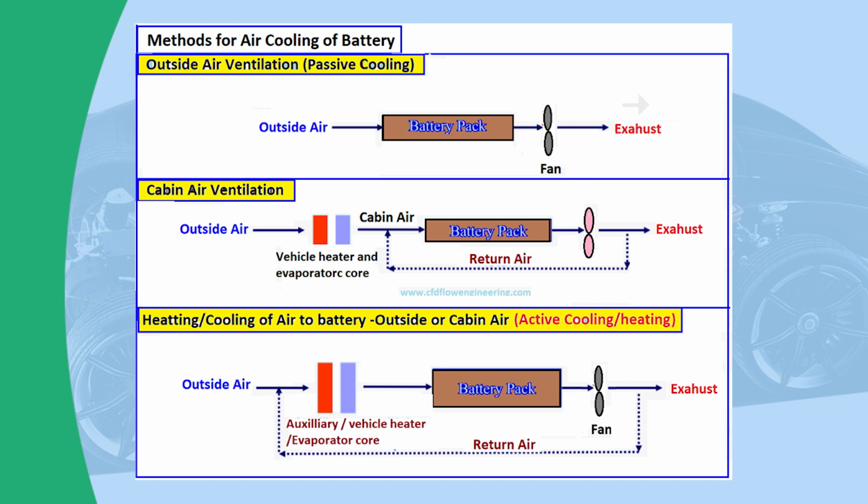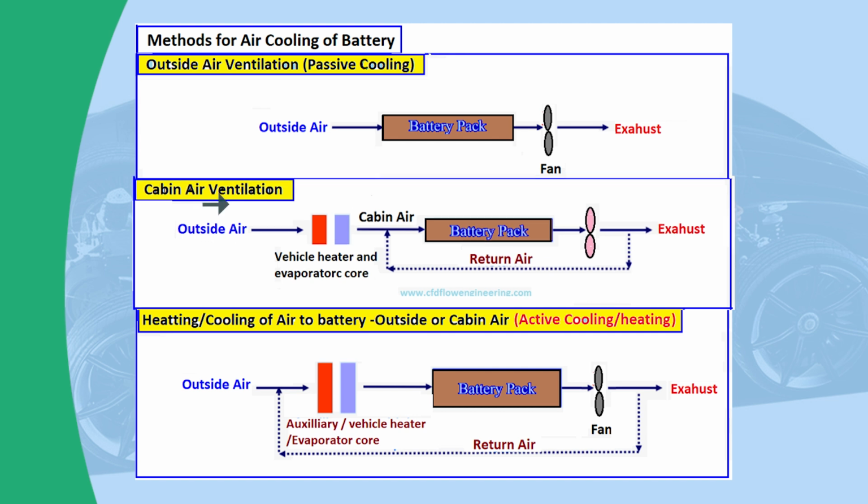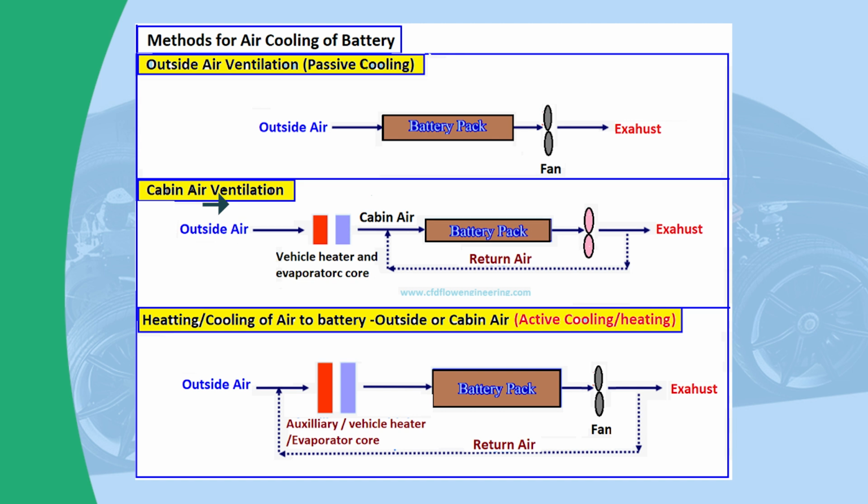In the second one, the outside air directly flows into the vehicle heater and evaporator core, from where the cabin air is given to the battery pack, and this air which is flown through the battery pack is sucked through a fan and exhausted back.